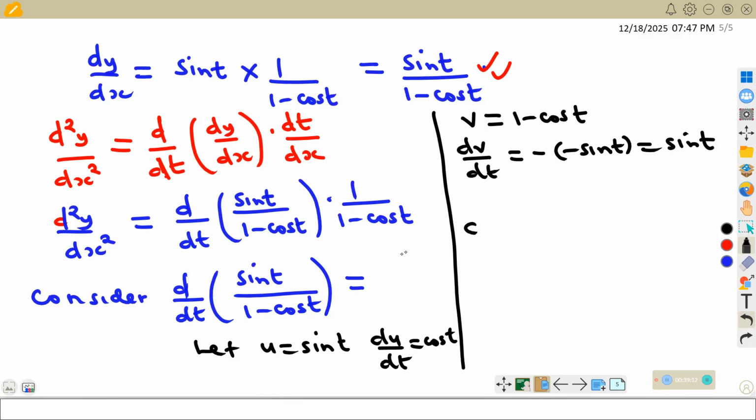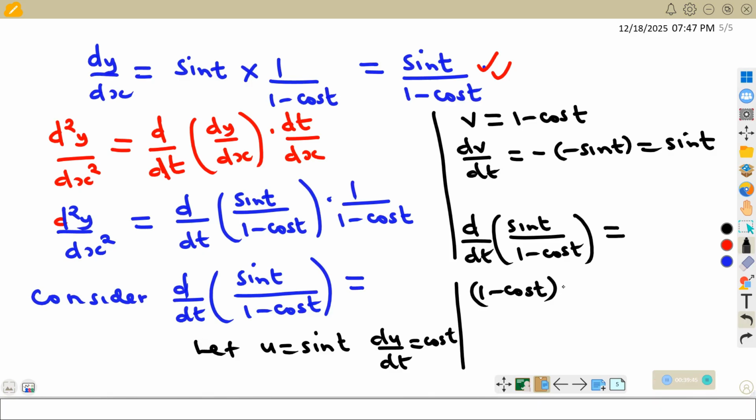So you are differentiating this. The derivative of this one is d/dt of sin t divided by 1 minus cos t. So apply the quotient rule. This will be v, our v is 1 minus cos t, times du/dt, which is cos t again.